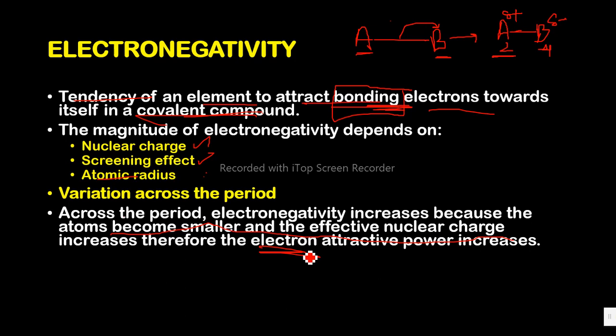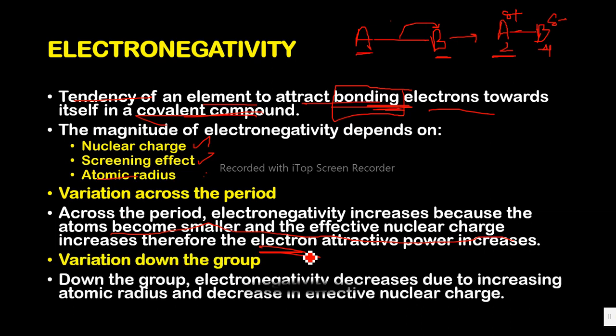But down the group, sorry for that, the size of these atoms is increasing. And if the size increases, what does that imply? It implies that such a big atom, if it bonds with another atom, the nucleus will be far away from the bonding electrons.